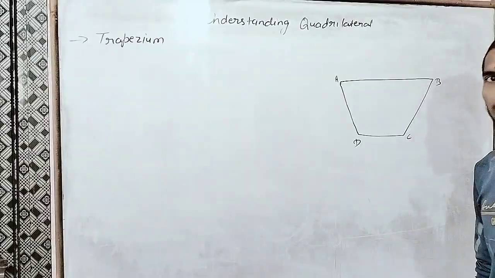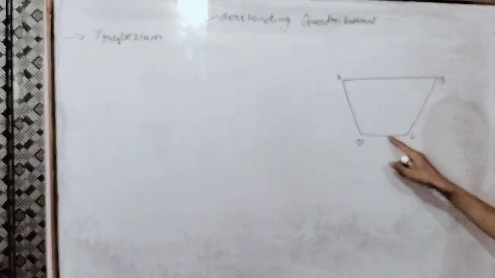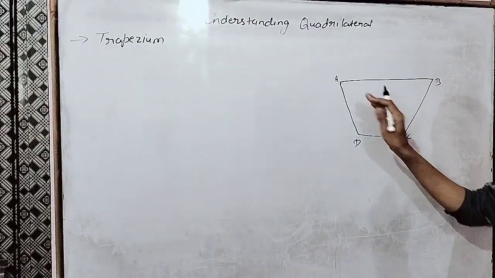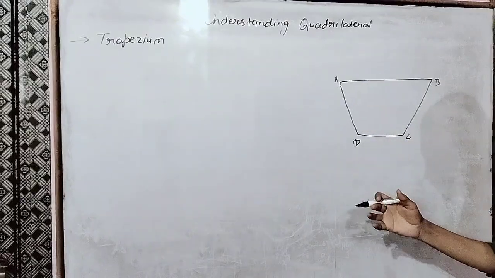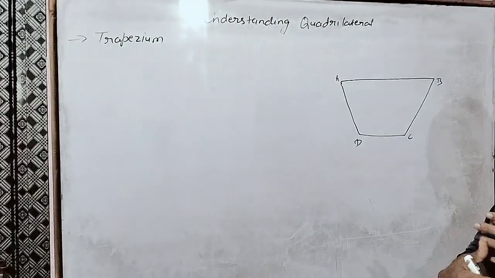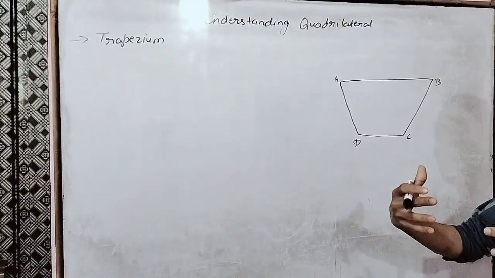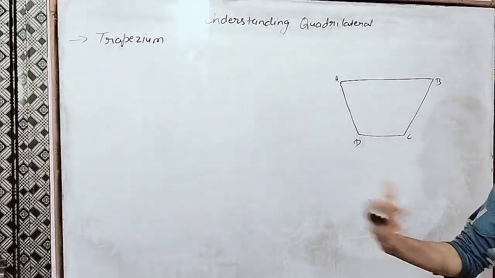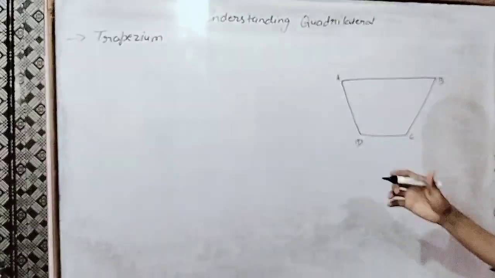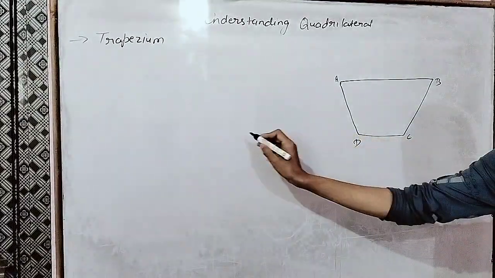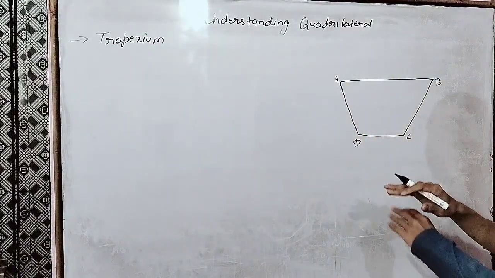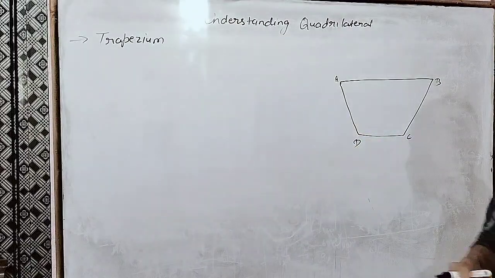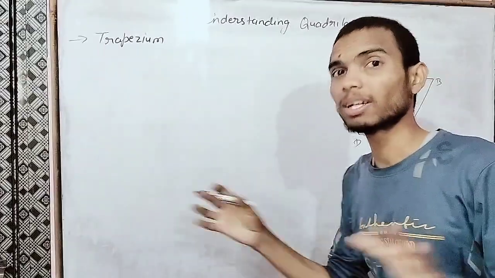Here, can you say AB and DC intersect each other? No, it is impossible. This line is going in this direction, that line in that direction. AB and DC will never intersect.